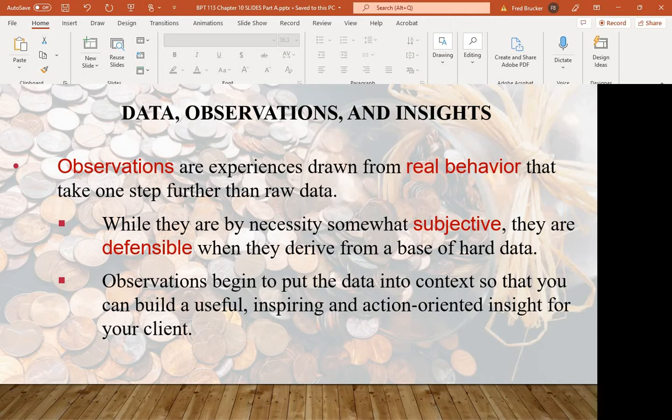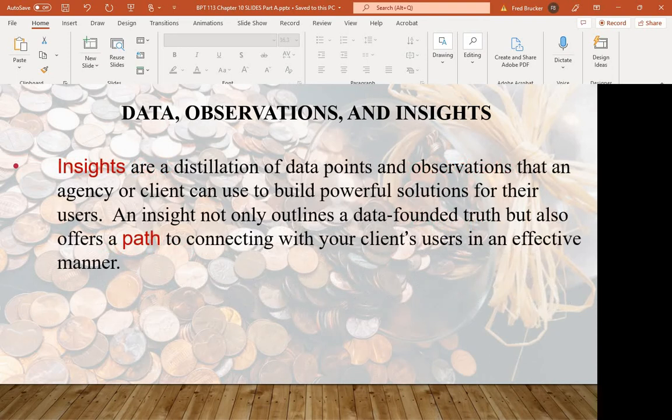So, what is an insight? Insights are a distillation of data points and observations that an agency or client can use to build powerful solutions for their users. An insight not only outlines a data found truth, but also offers a path to connecting with your client's users in an effective manner.